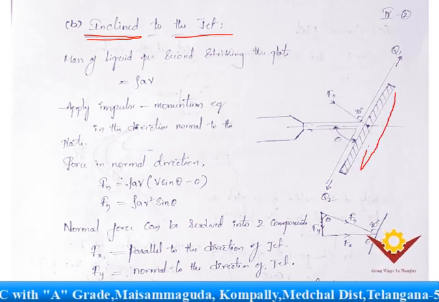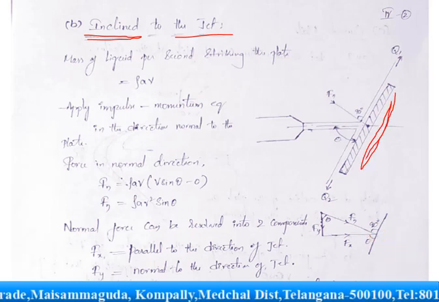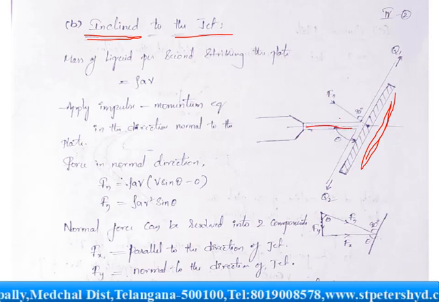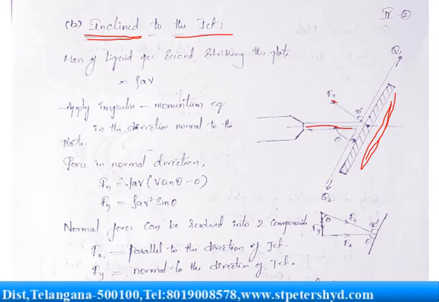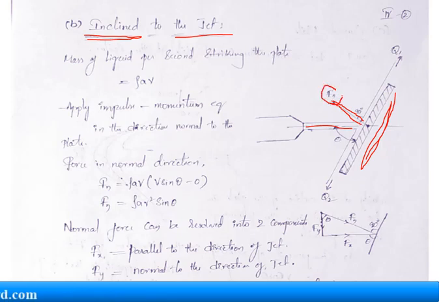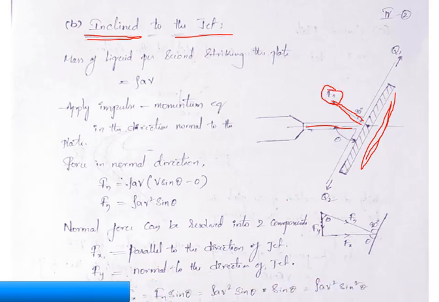Okay, this is your plate which is inclined to the jet, and now your force has to act in this way, but because of this inclination, the actual force, which is normal to the plate, is this one, Fn. Clear? And now the angle it makes with the jet is theta.